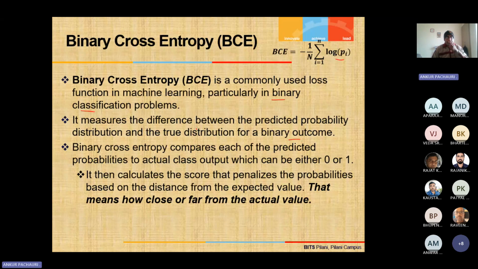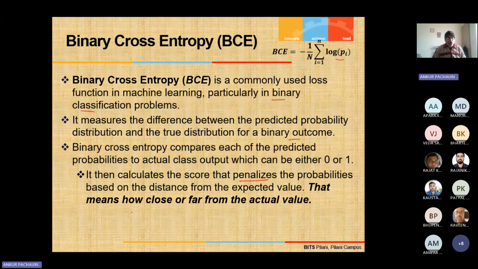So binary cross entropy compares each of the predicted probabilities to the actual class output, which can either be 0 or 1. It then calculates a score that penalizes the probability based on the distance from the expected value.